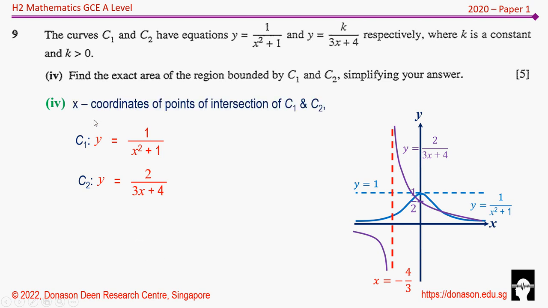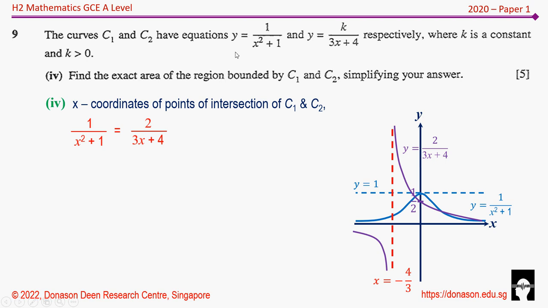Now the x coordinates of the points of intersection is what we need to find, because we need to know from where right up to where we need to integrate so that we can find the area bounded between the two curves. In order to find the points of intersection, let's equate the equations of the two graphs, because we are only interested in the x coordinates of each of the points.